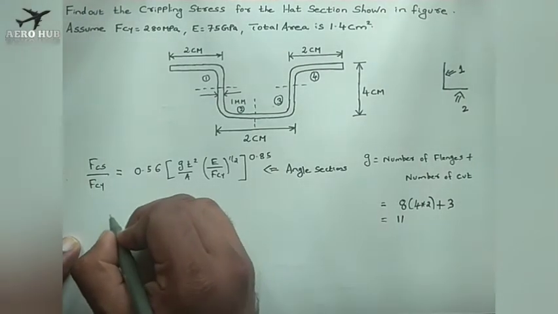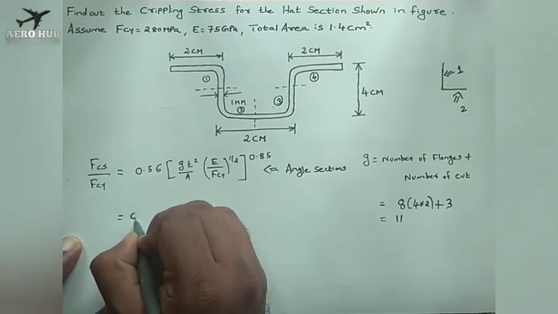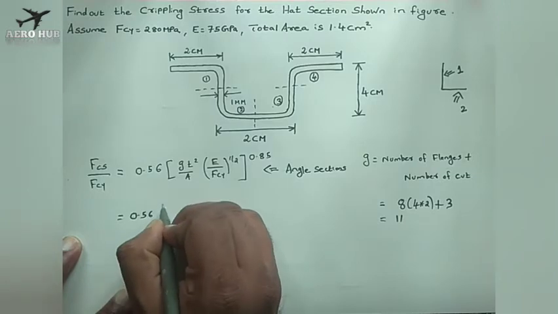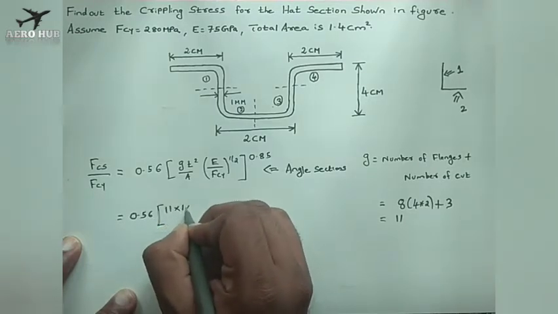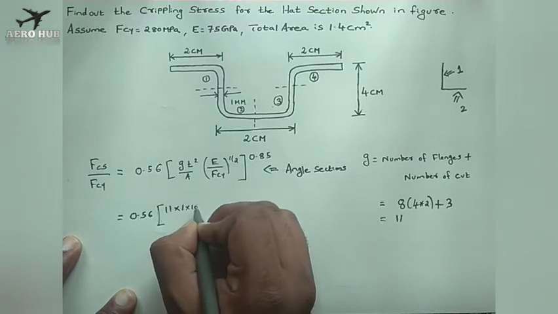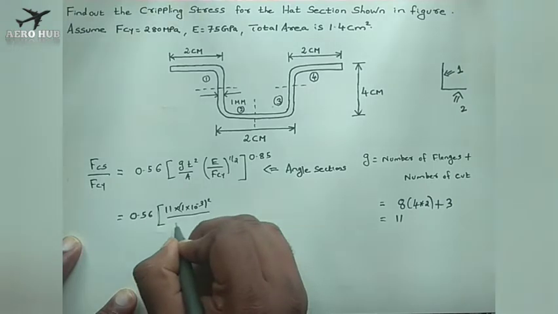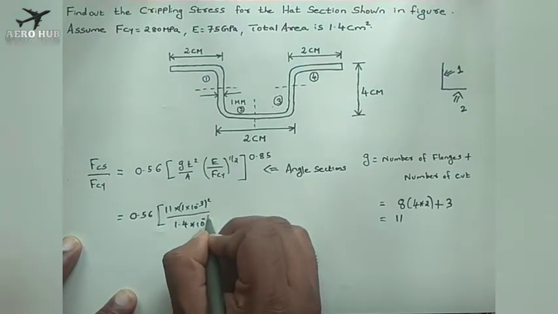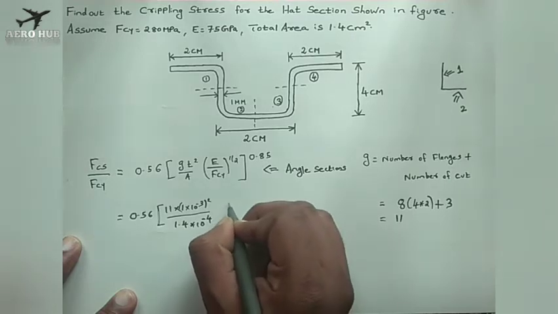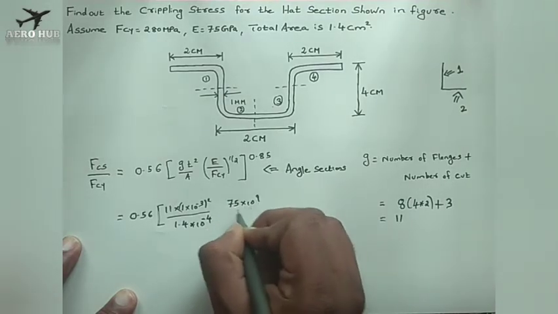Okay, now you substitute all the values. So FCS by FCY will be equal to 0.56, the value of G is 11, the thickness is 1 mm, so I'll convert it into meters, 1 into 10 power minus 3, the whole square. The area is 1.4 centimeter square, I'll convert it into meter square, 1.4 into 10 power minus 4. The value of E is 75 into 10 power 9.